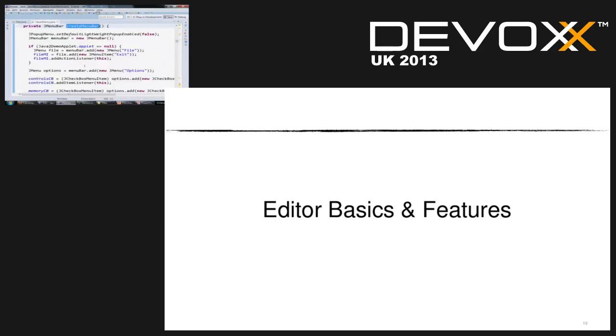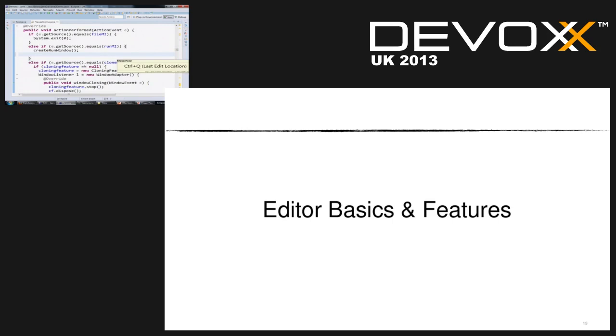So if I jump here and I'd like to go back to my previous location, I can use Control Q. I can go back to the last added location, which is very useful in this case. Then I will use the content assist to actually complete the create menu bar for me, so I can use Control Space with it. Then let's comment this one out, because we don't use it anymore.